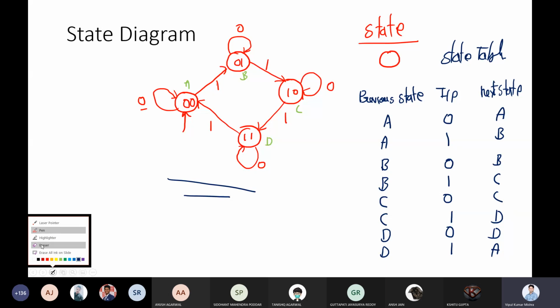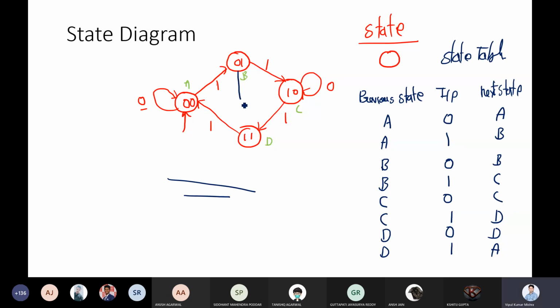Let me do some modification here. I'm erasing this and this, and making it like this and like this. So now what modification happened here in this table?